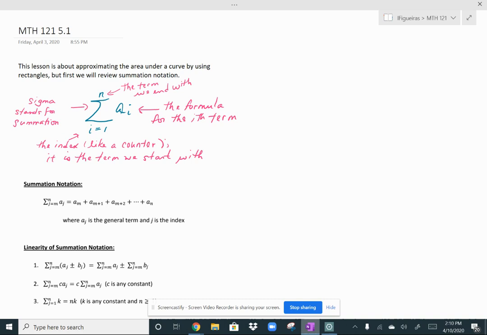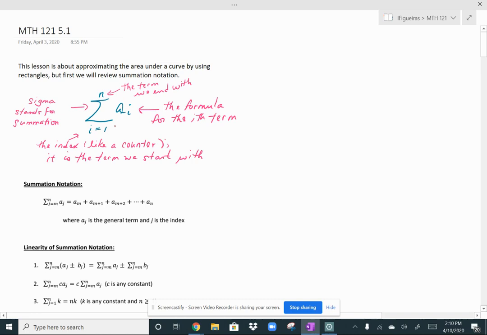So this is the symbol for summation. It's a Greek letter called sigma, and it stands for the sum of a bunch of terms. The terms that you're adding are what we're calling a sub i, and that defines the formula for whatever the ith term is.